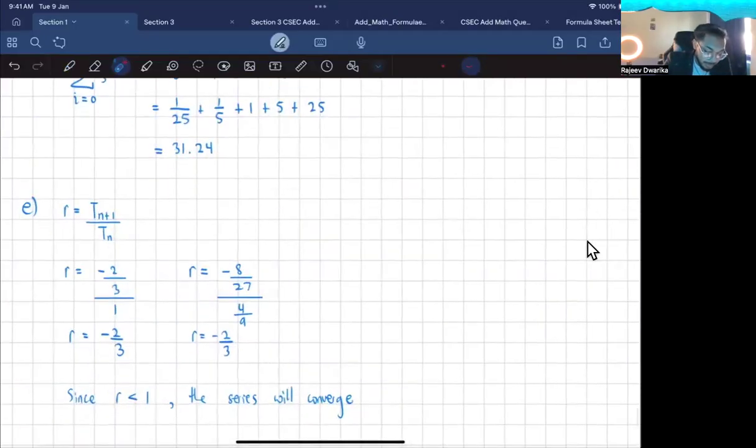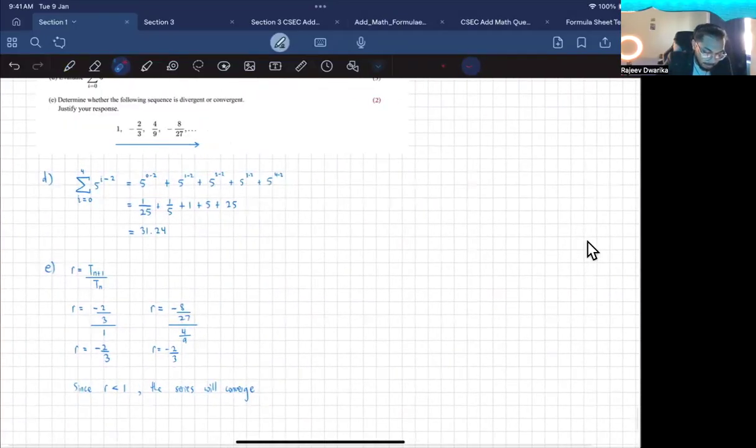So Aliyah, anytime they ask you to prove that a sequence is divergent or convergent, you have to find the common ratio. The only time they would ever ask this kind of question is for a GP, because a GP is the only kind of sequence that could converge.